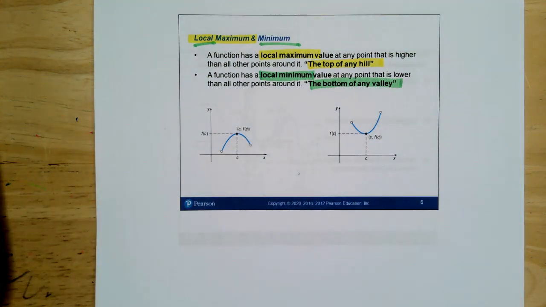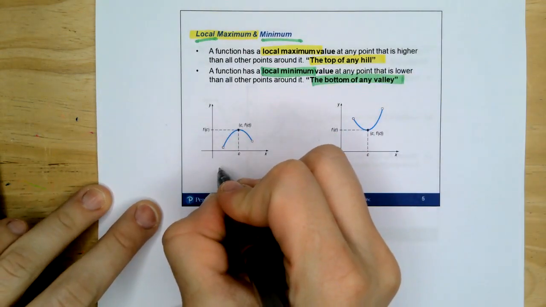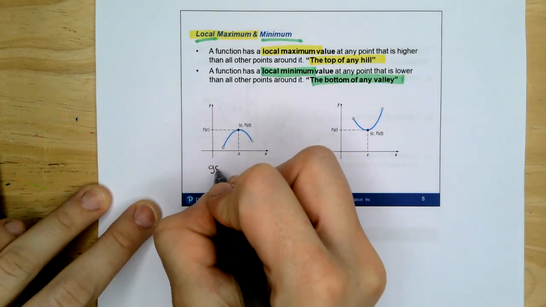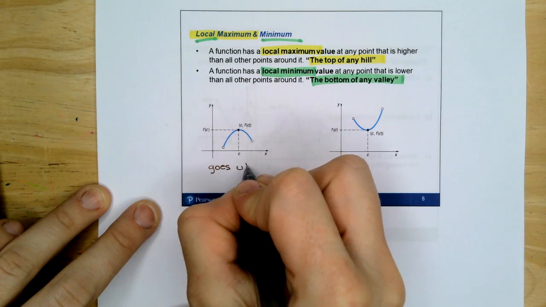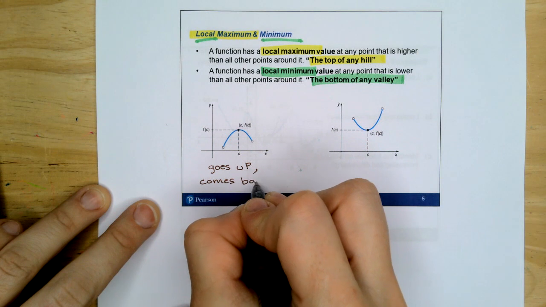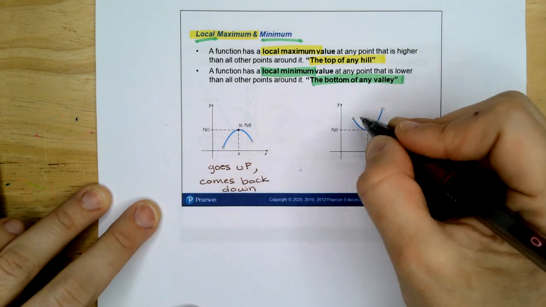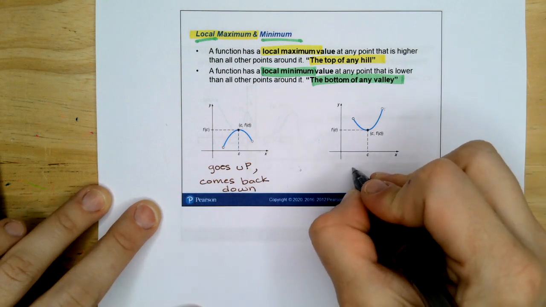What I want you to understand about local maximum, the top of a hill: it goes up, comes back down. What I want you to know about a valley is a valley goes down, comes back up.